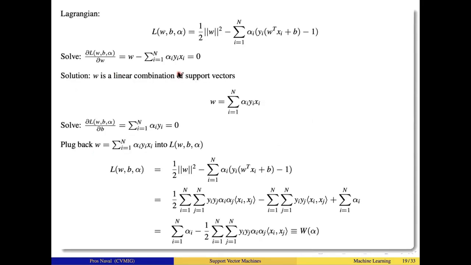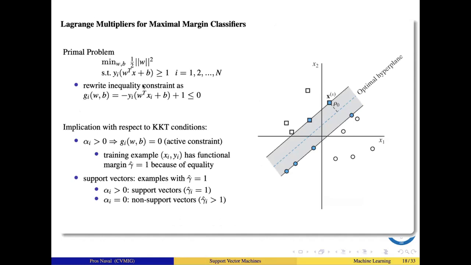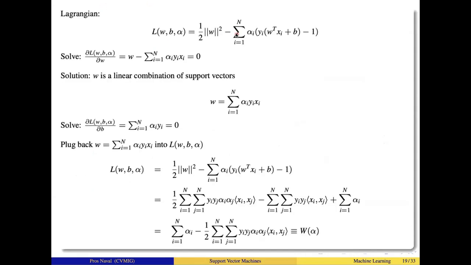To do that, we formulate the generalized Lagrangian. Let's take a look again at our original formulation. This is our primal problem. So the Lagrangian is equal to this plus, rather minus, this quantity here.